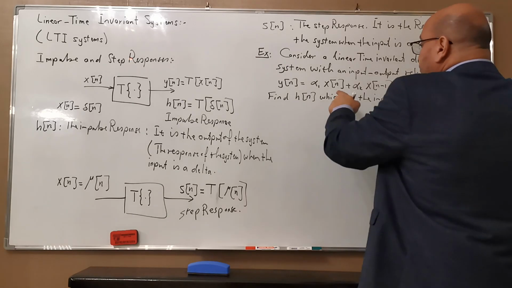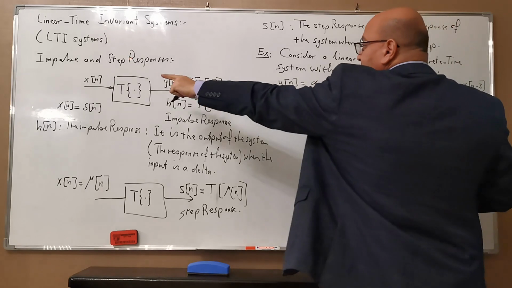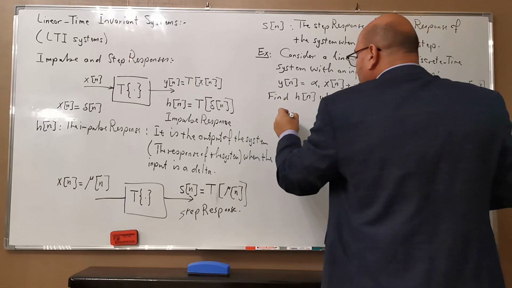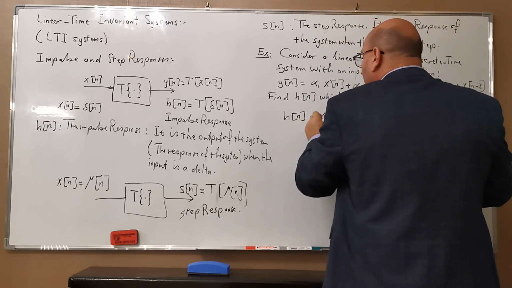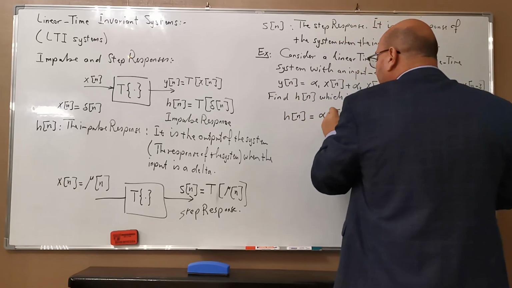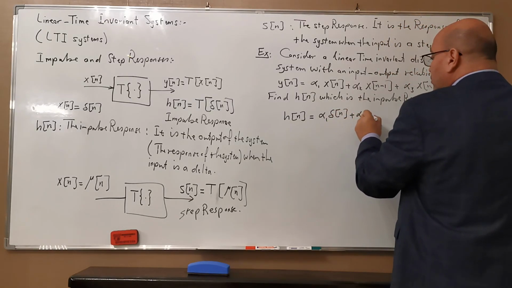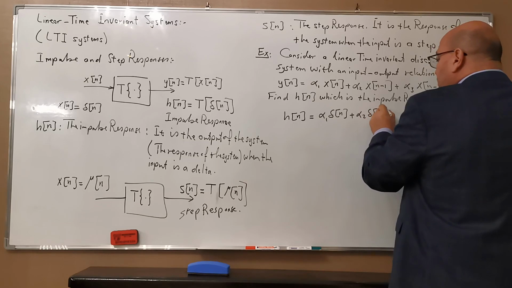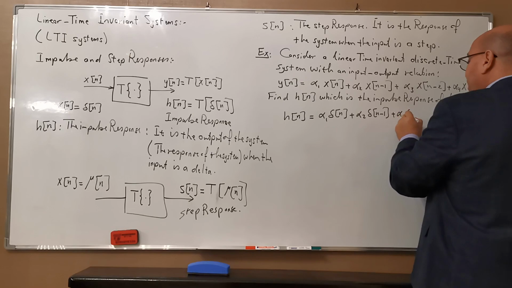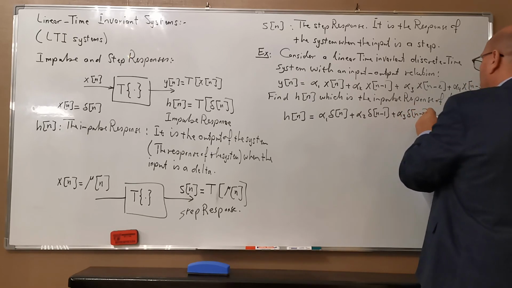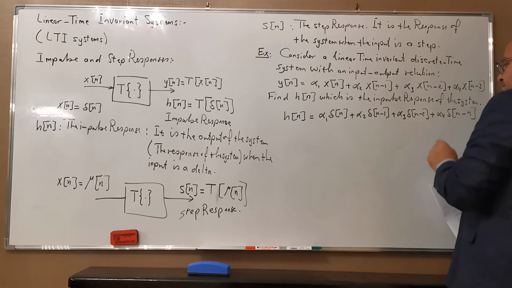The output when the input is a delta is h of n. So our h of n, instead of y, is equal to alpha 1 delta of n plus alpha 2 delta of n minus 1 plus alpha 3 delta of n minus 2 plus alpha 4 delta of n minus 3.